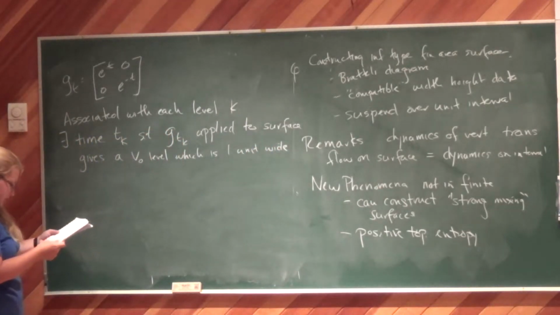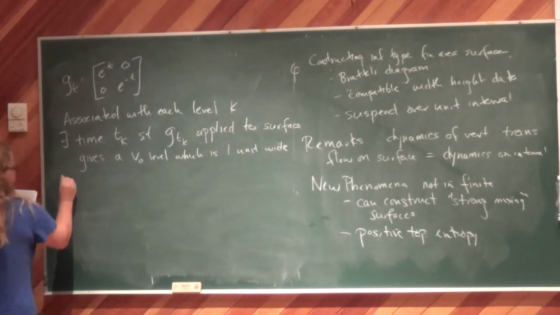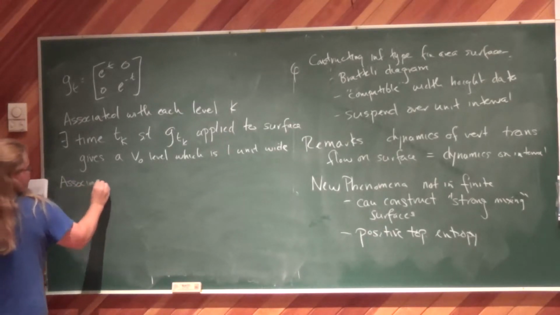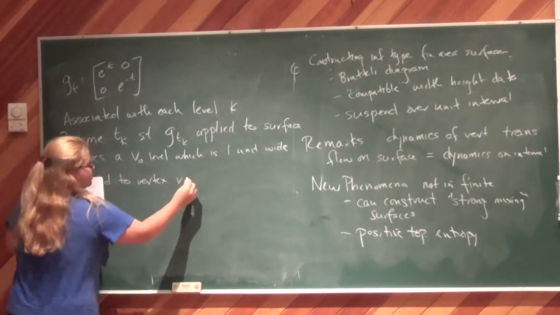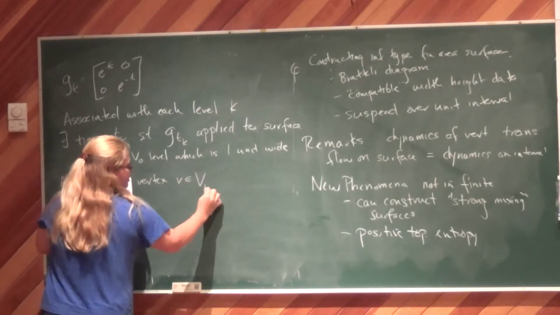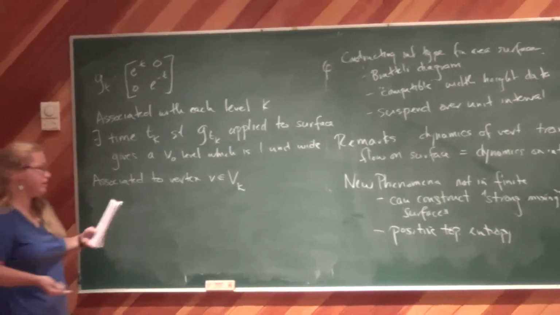So just a notation. Associated to the vertex, I'll say V in my kth level vertices, there is a height and a width data for the column that represents.